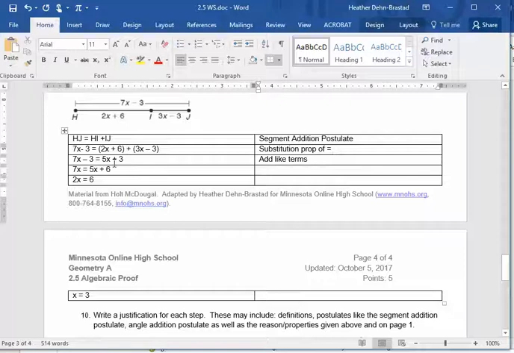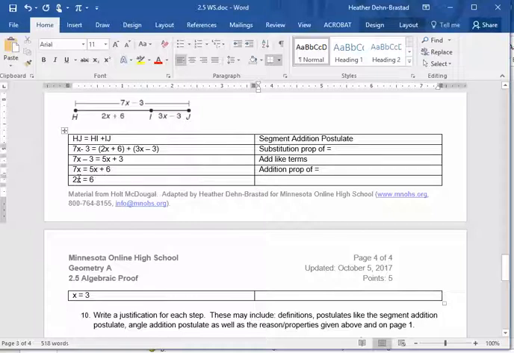Then what did they do next? Let's see, we have a 7x. The minus 3 is gone. Oh, they added 3 to both sides. So that's the addition property. Let's just use it as prop of equality. And then finally, I have 2 more steps.